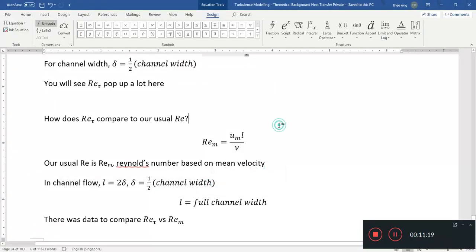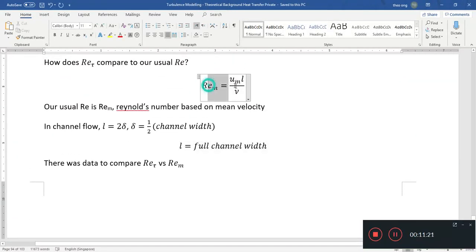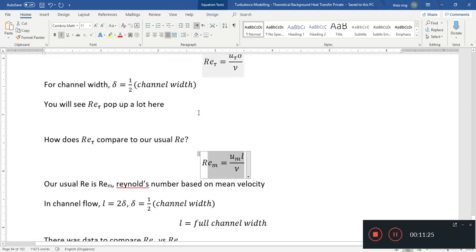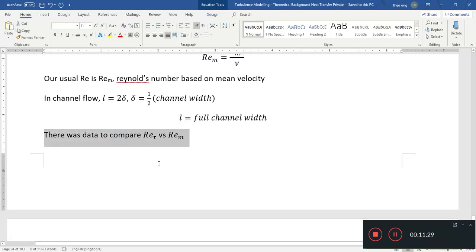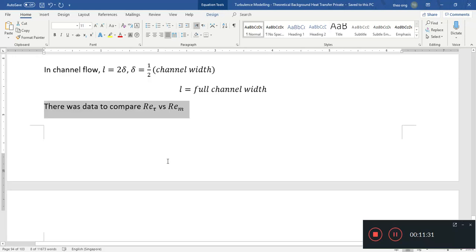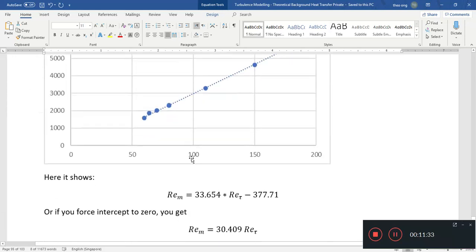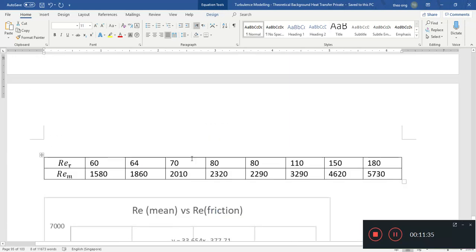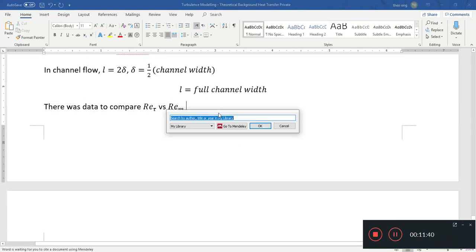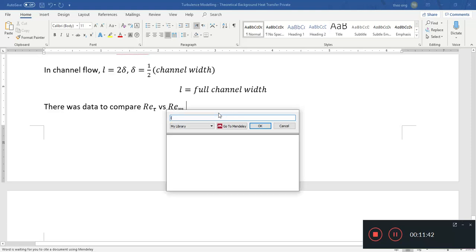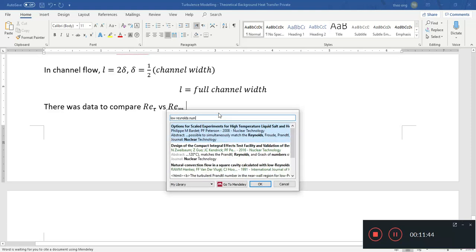So how does this Reynolds number in this channel flow compare to this friction Reynolds number? There is a lot of data to compare the Reynolds number versus the friction Reynolds number tau, and this is actually from one of the DNS papers.